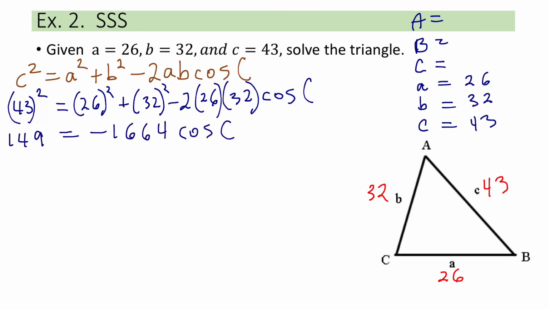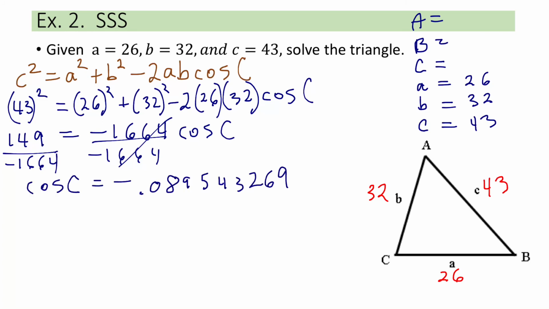So I subtracted 26 squared and then 32 squared from the left-hand side, and I got 149. Then I got my coefficient for the cosine of C by multiplying these three numbers together, including my negative right here, and I've got this number here. Now I can divide both sides, and I get the cosine of C as this decimal number.